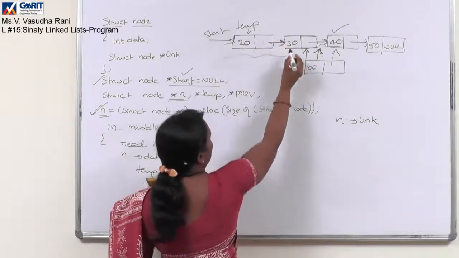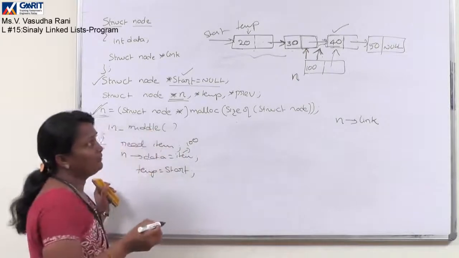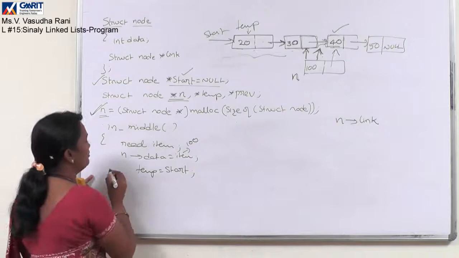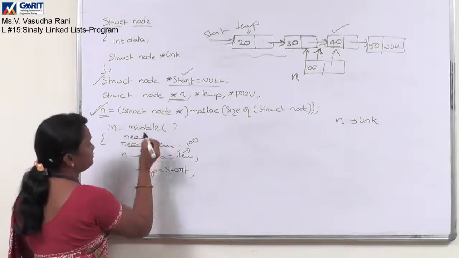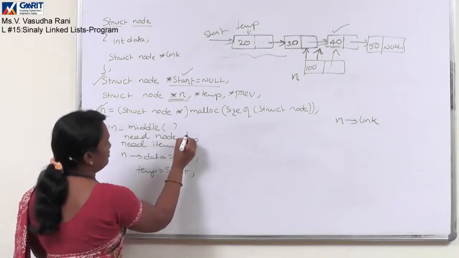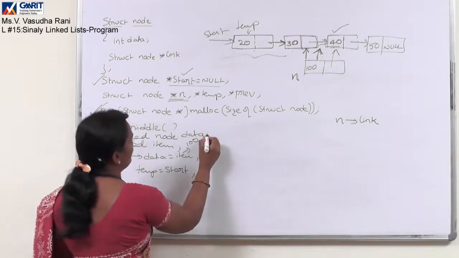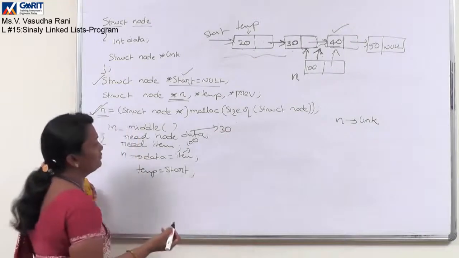And we have to check where is our node 30. In between 30 and 40 we have to insert. So here, before this, we read the temporary node data, which is 30.